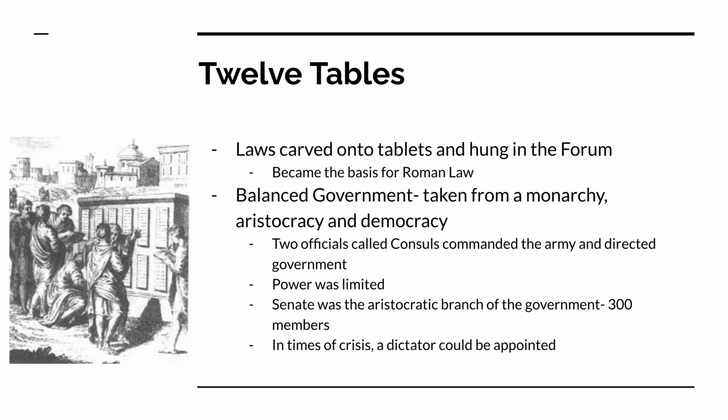And so how does it come to be? Well, there are two officials that are called consuls. They command the army and they direct the government. Their power, though, is very limited, and they check each other's power. And not only that, their term is only 1 year long.